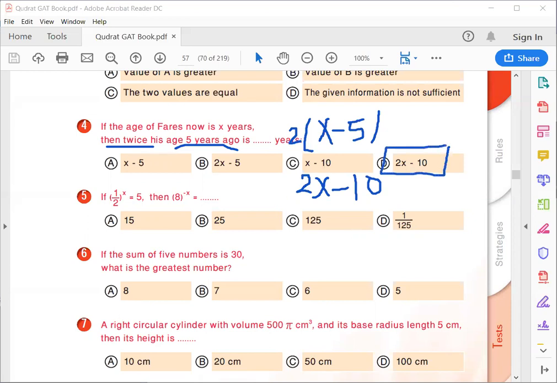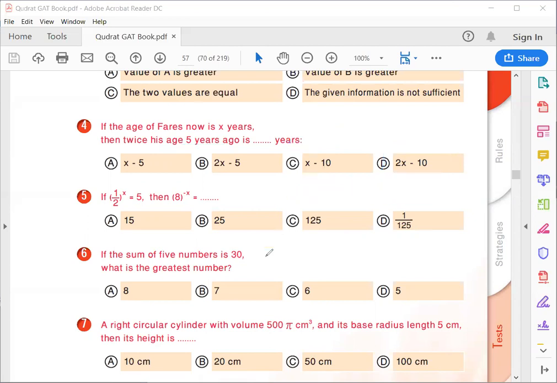Now number 5. I have in the equation 1 over 2 to the power X equals 5, then 8 to the power minus X, how much?